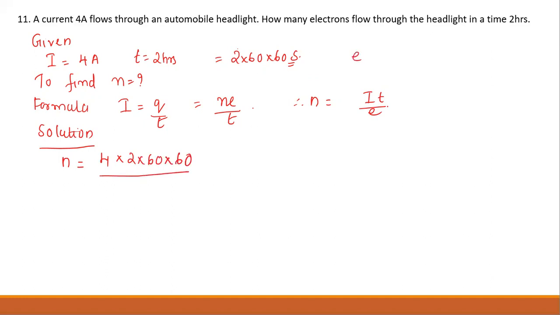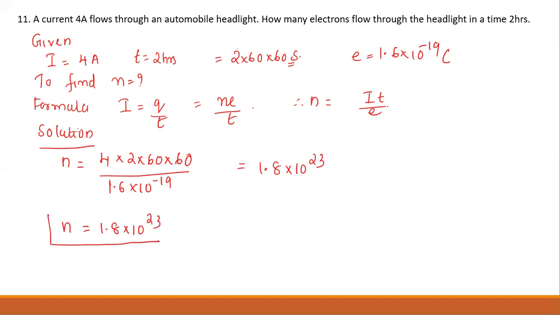We know E is equal to 1.6 into 10 raised to minus 19 coulomb. On solving this, we will get 1.8 into 10 raised to 23. This is the value of N, the number of electrons flowing through the headlight.